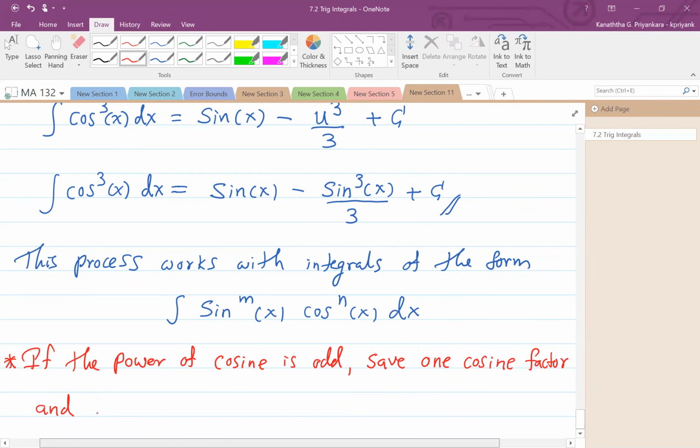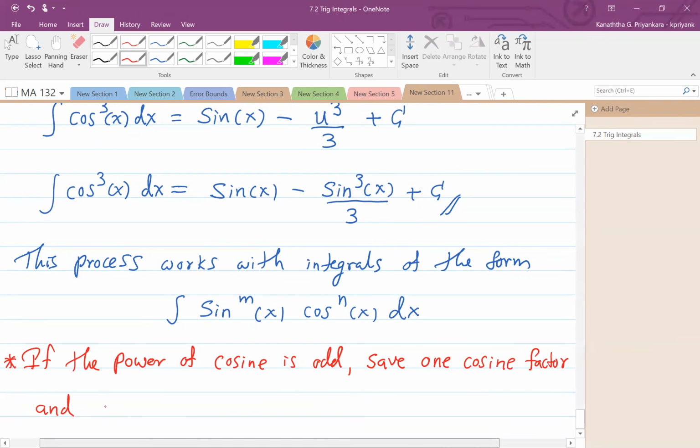So let's say I give you sine 4x times cosine, let's say 7x. Then you can write cosine to the power 7x as cosine x times cosine to the power 6x.